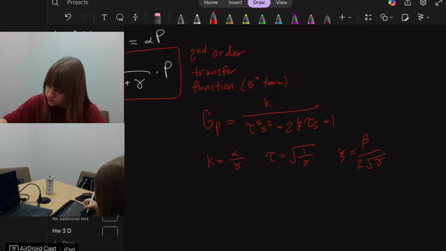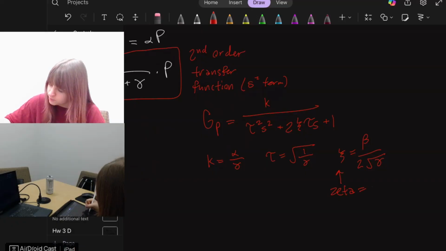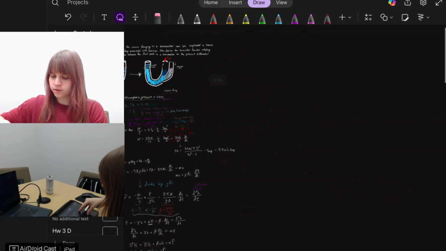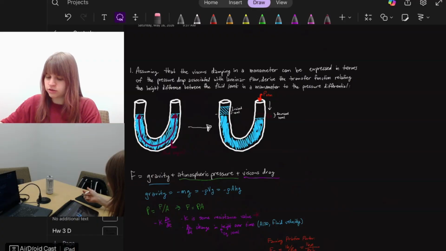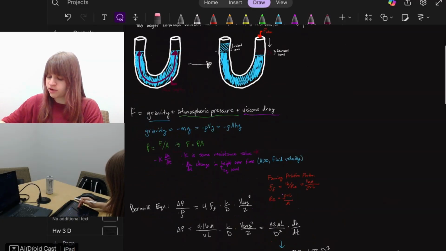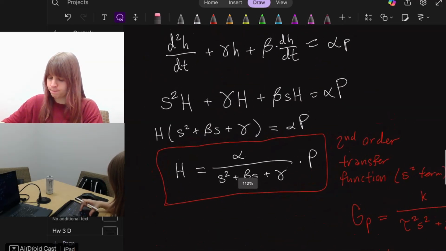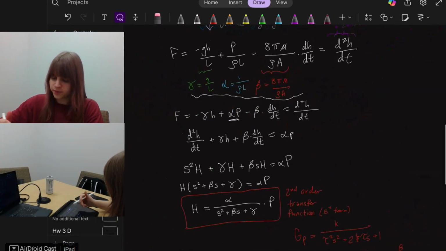And this zeta is the damping coefficient. So our goal was to derive the transfer function relating the height difference between the fluid levels to the pressure differential, which we have done right here, remembering that all these Greek letters are defined up here.